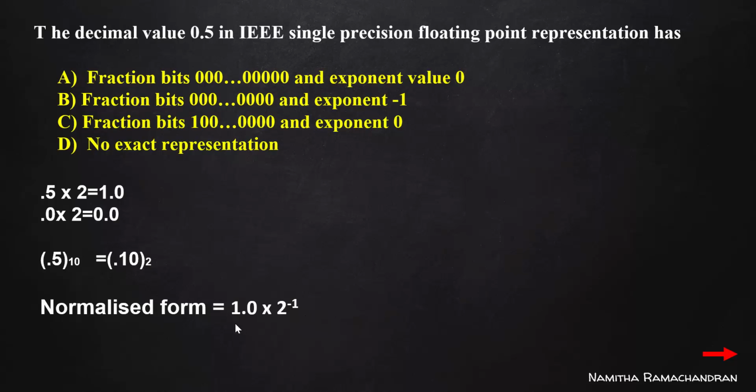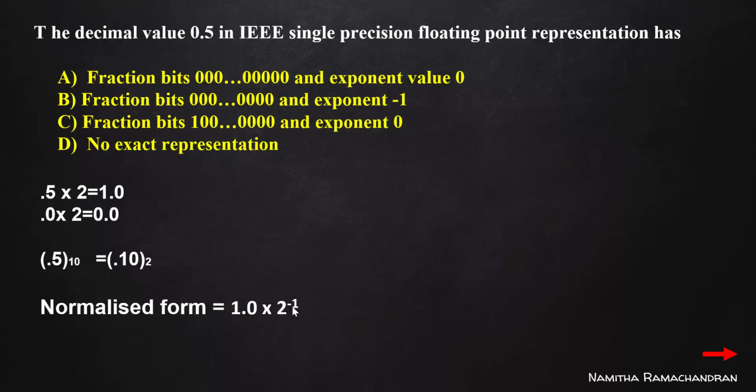Okay, so now we can consider this option. So from this step, that is after the normalization, we can directly choose one correct option. From this it is clear that the fraction contains full of zeros, 23 zero bits. So option A or B, one among these two is the right answer.